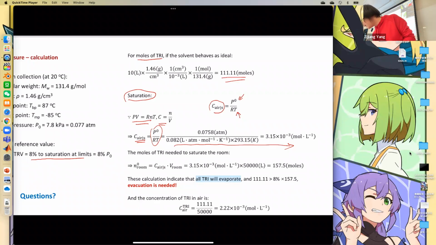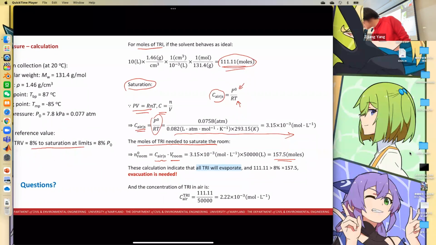So we can see that the moles of TRV needed to saturate the room equals the concentration times the volume, and it equals this mole amount. In other words, to make sure this room is saturated with TRV, we need this amount of TRV. But in reality, we only have this amount of TRV. In other words, all of the TRV will be evaporated in the room, so none will stay on the ground.